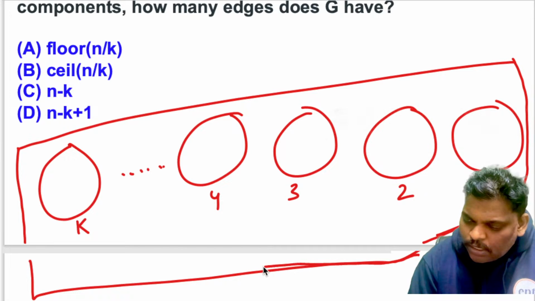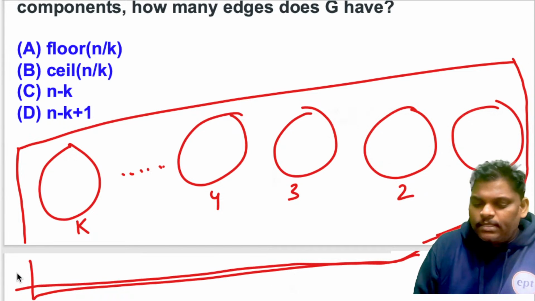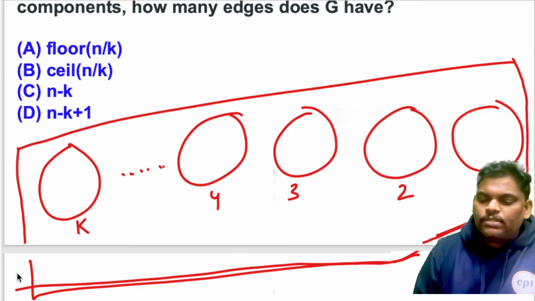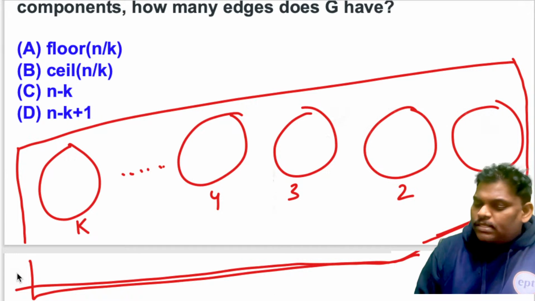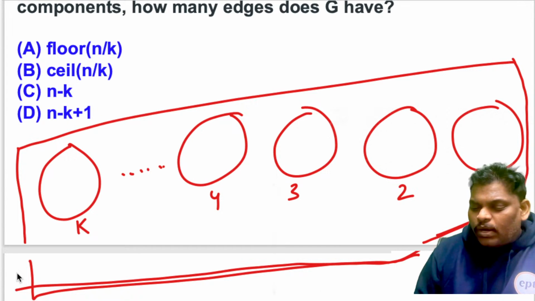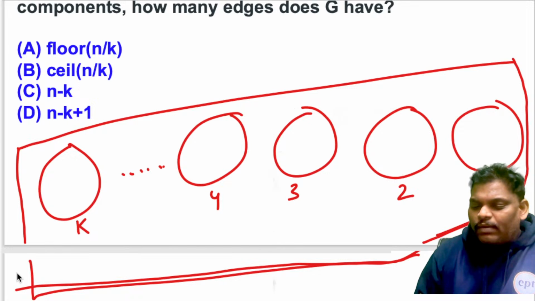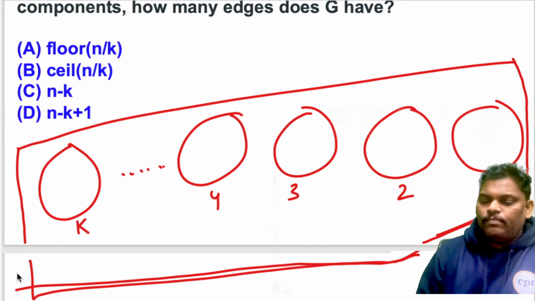A disconnected graph is not a forest. A disconnected graph is different and a forest is different. In the forest, whatever components are there, every component is a tree.